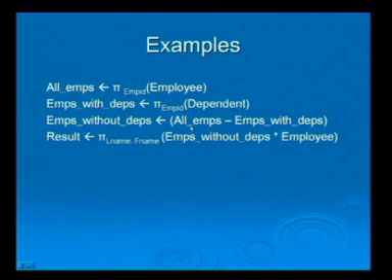So, you take the difference between all employees minus employees with dependents, because you have to retrieve the names of employees who have no dependents. When you take the difference, you will end up with a relation that has got only employee IDs, and the employees corresponding to these employee IDs do not have a dependent.